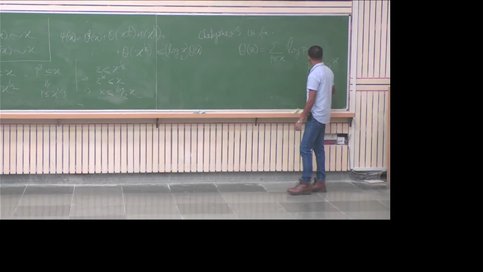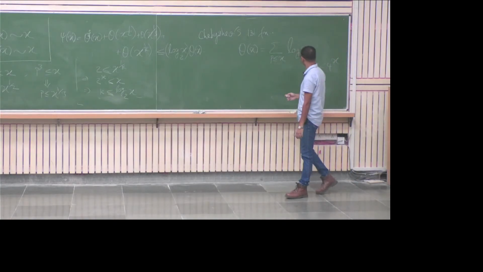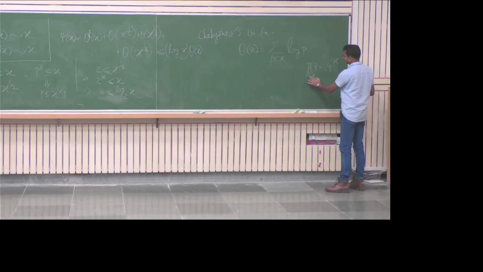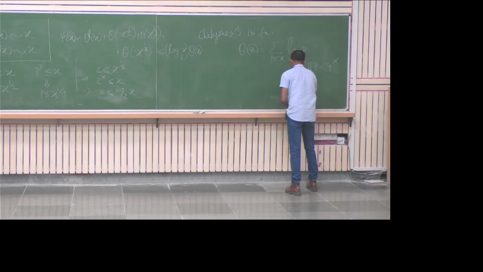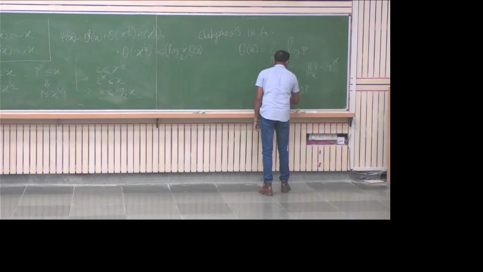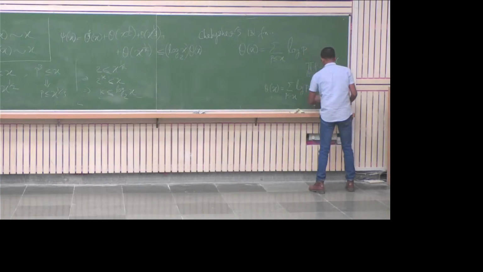But from there, getting this is not very difficult. So try it, and if you are stuck, we can discuss it. So the product of primes p less than or equal to x is less than 4 to the x, and then take the log on both sides, and we have the summation over log p, that is just theta x, which is less than x times log 4.